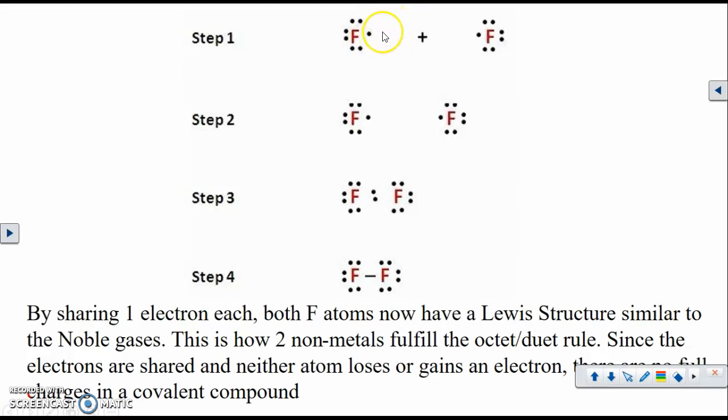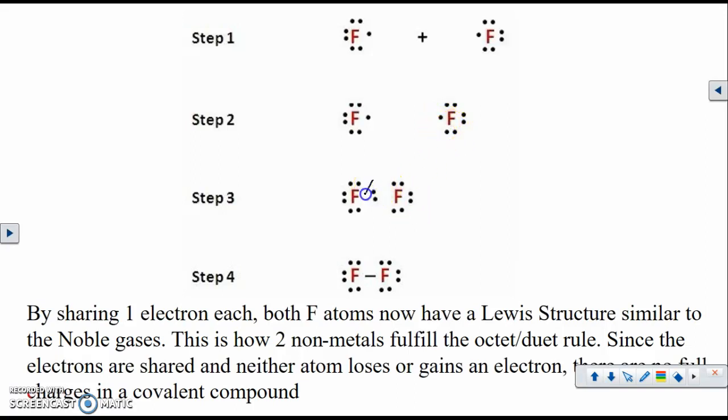Here we have 2 fluorine atoms. So when they join together as F2, what happens? Well, as you can see, fluorine has 7 valence electrons, both of them. Now again, they want to have 8. So how do 2 fluorine atoms fulfill this octet rule? Well, look at this, folks.